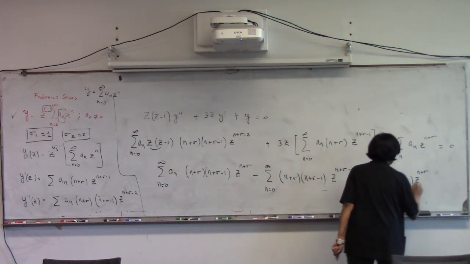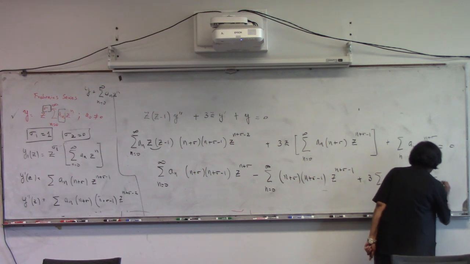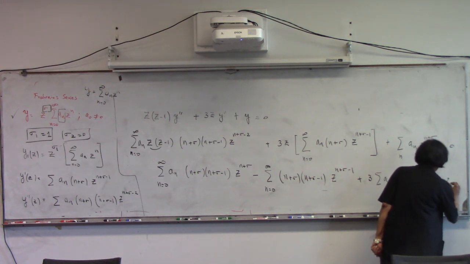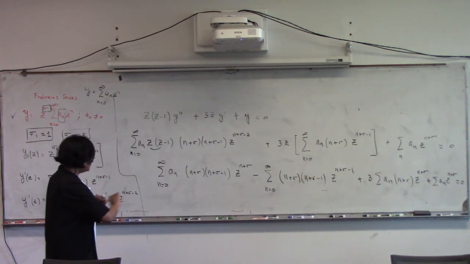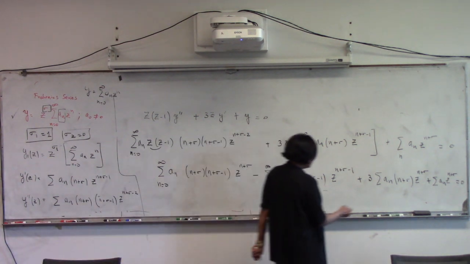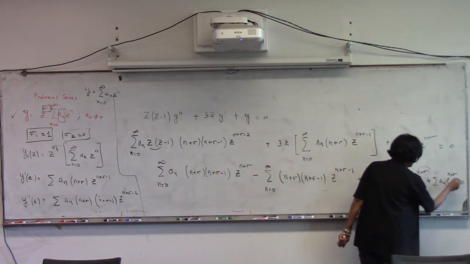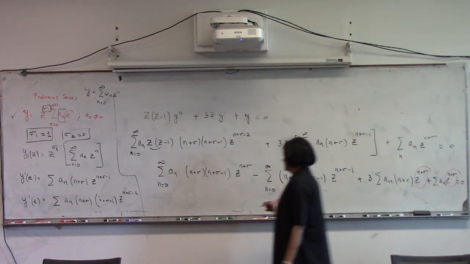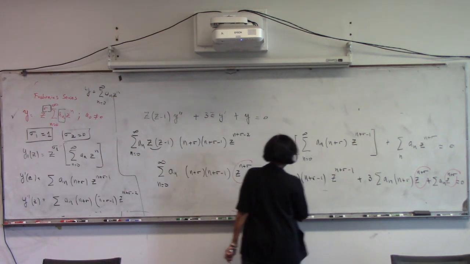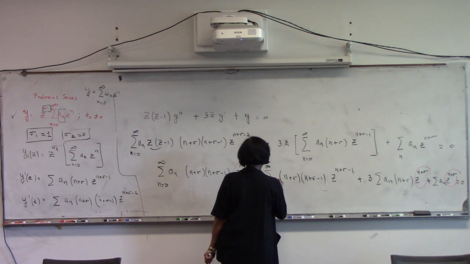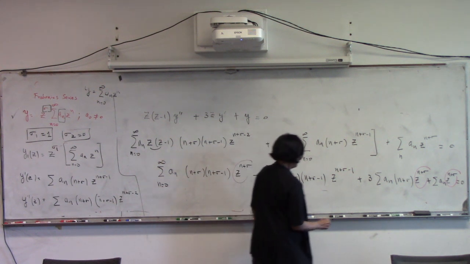And the last one is simply the summation of a sub n z to the power n plus sigma equal to 0. I missed an a sub n here, that's an important thing.